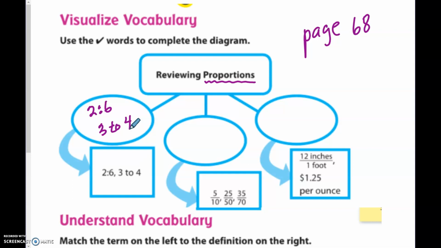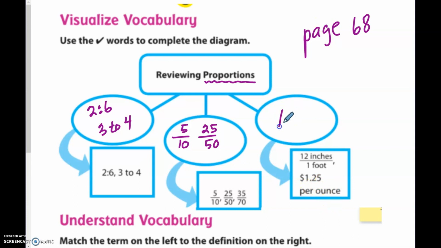And the third way is the way in the middle here where they have it written as a fraction, 5 over 10, 25 over 50. So this is a third way to write a proportion. And the last way that they're talking about here is they're saying 12 inches represents 1 foot, and this is saying $1.25 per ounce.